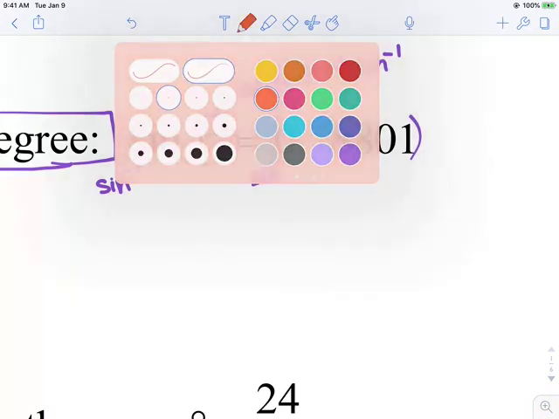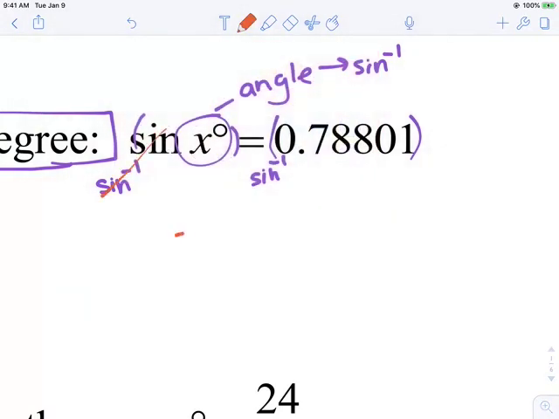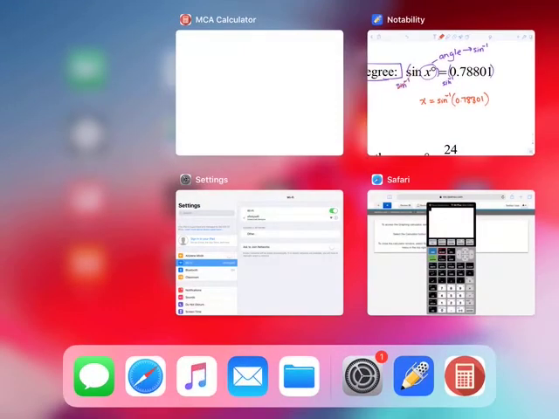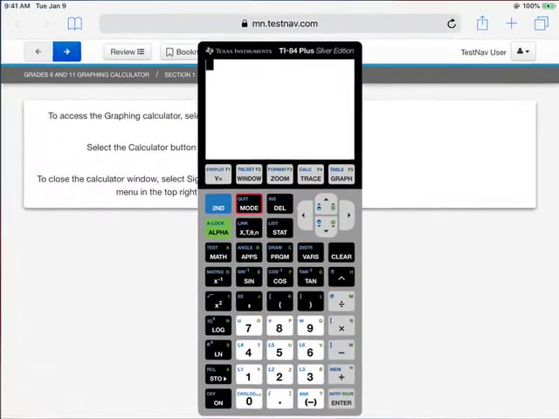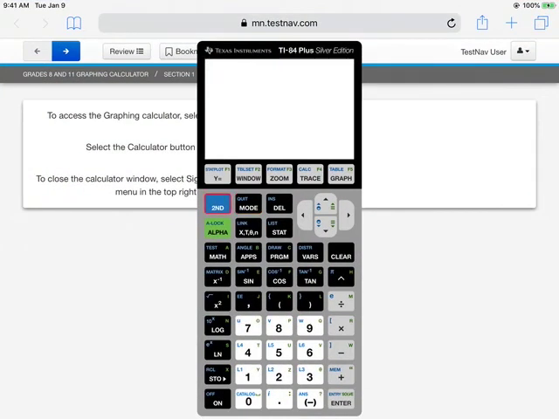And what you'll have left is these cancel, and you have x is equal to sine inverse of 0.78801. Let's go to our calculator. Second sine, 0.78801.